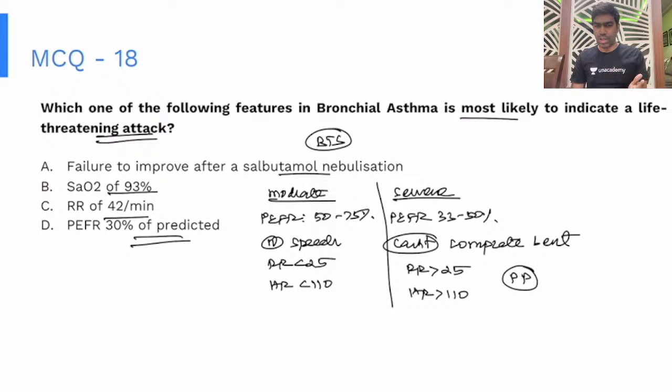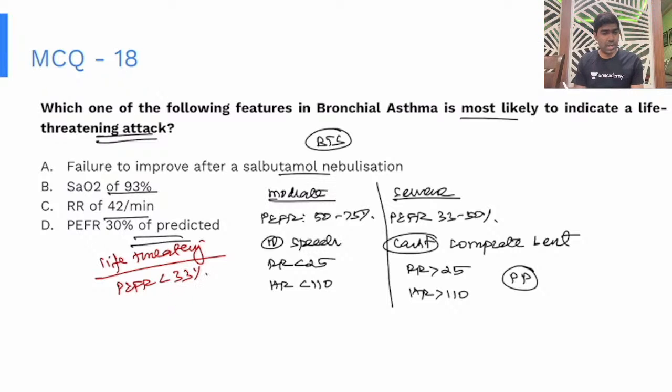But I would say there is another entity, life-threatening bronchial asthma, or life-threatening attack, where patients are having impending respiratory failure. So whenever the PFR is less than 33%, it's a sign of impending respiratory failure. If the patient is having a silent chest, it's a sign of impending respiratory failure.